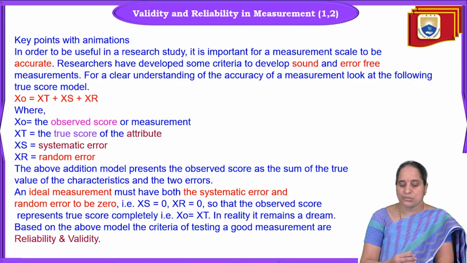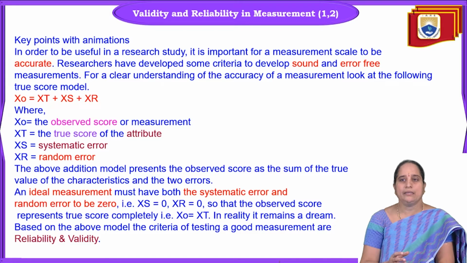An ideal measurement must have both the systematic error and random error equal to 0. Then the observed score of the measurement represents the true score completely, so that Xo is equal to Xt.